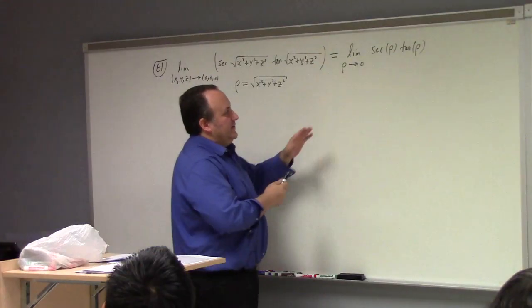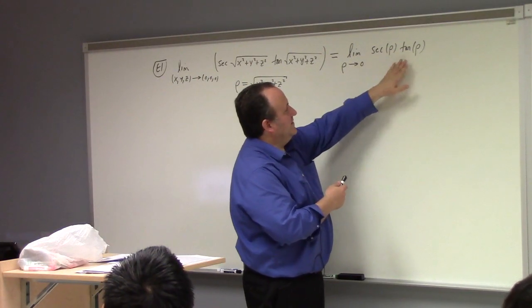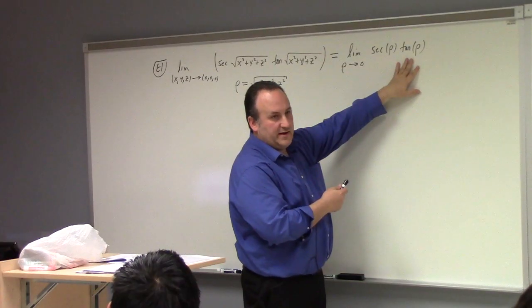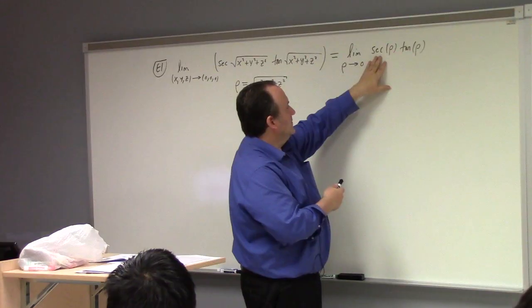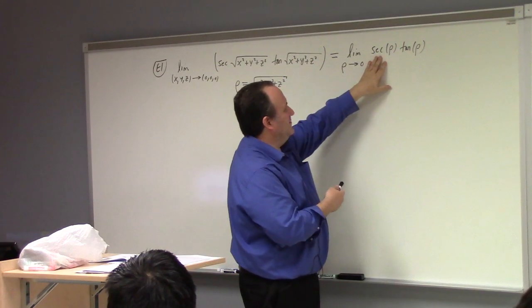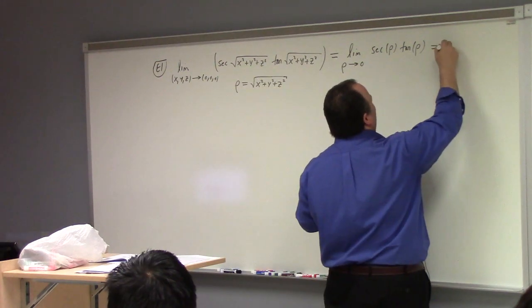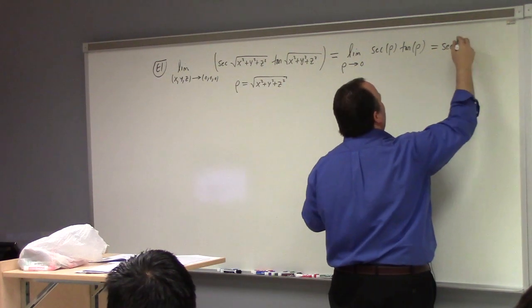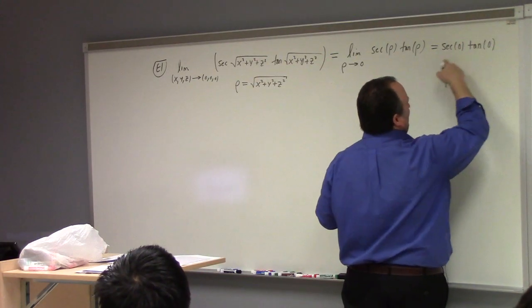But anyway, now what? Well, tangent of 0 is 0, right? Secant of 0 is 1. Oh, I'm an idiot. We didn't even need to do this, right? This is dumb. I'm sorry. We could have just done this from the start, right?